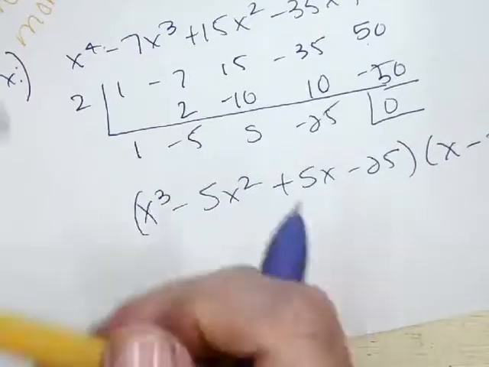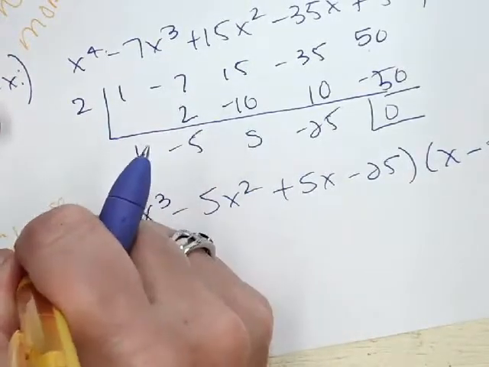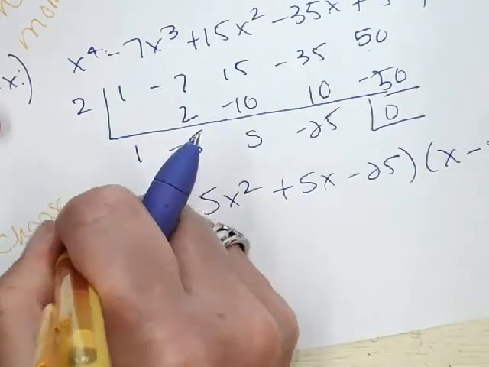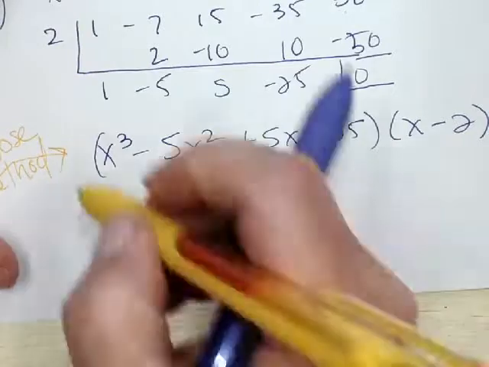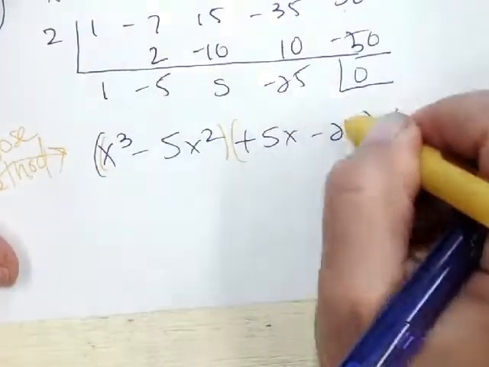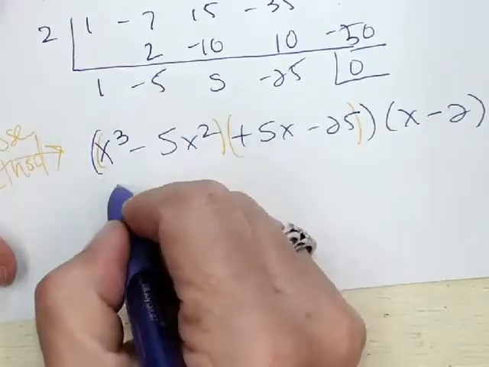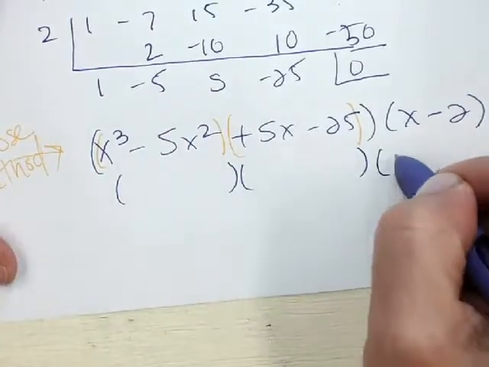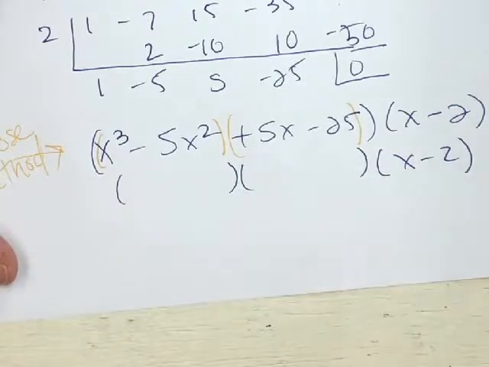Choose your method. It's 4 terms. What do we do? Hopefully in your little head you just said grouping. So we're going to group here and here. I'm doing my shortcut again. I know I'm going to need 2 sets of parentheses. What can I take out of x cubed minus 5x squared?